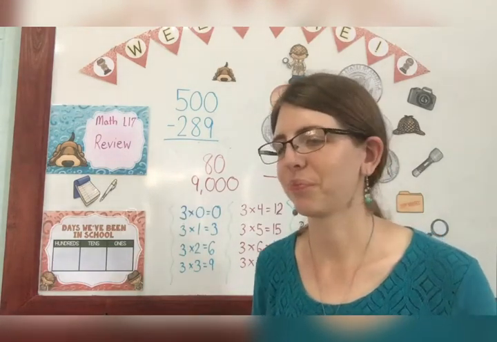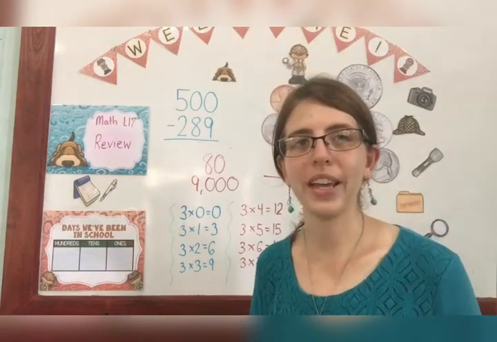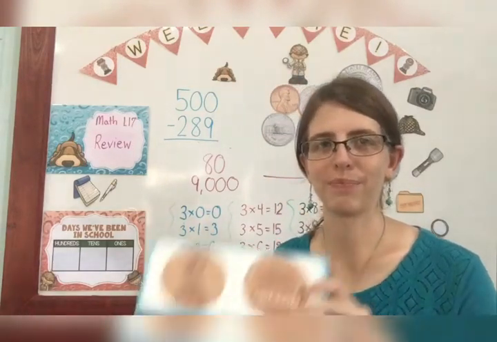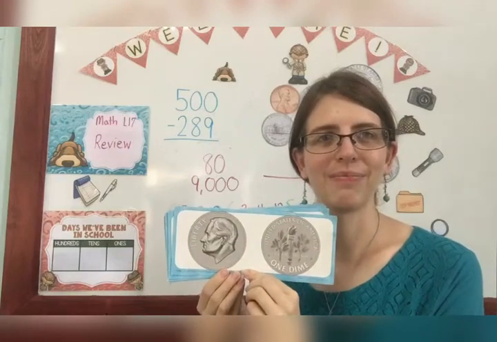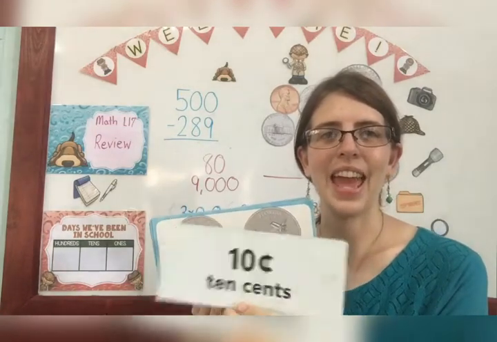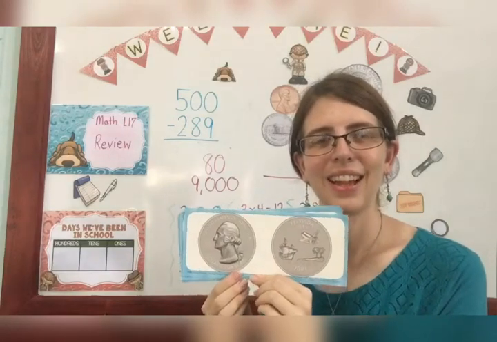Okay. Let's practice with our coins before we go to the board. This is a penny, and it is worth how many cents? 1. Very good. This is a dime, and it is worth how many cents? 10. Excellent. This is a quarter. Quarter, the big one.